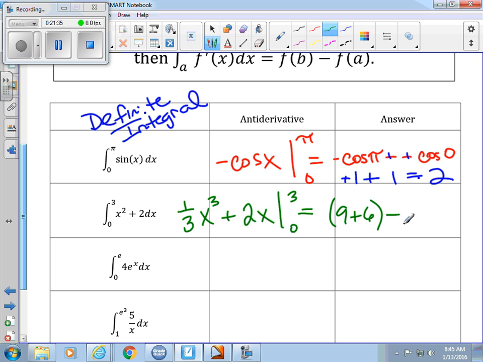Plug in the 0. It is 0. I know it's silly to write minus 0, but for note-taking purposes, I am plugging both in. So 15. So the exact area under the parabola x squared plus 2 from 0 to 3 is 15 units.